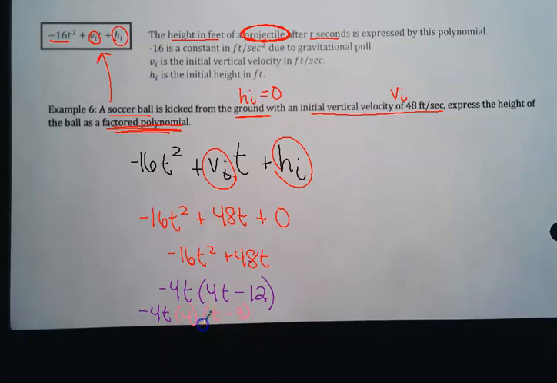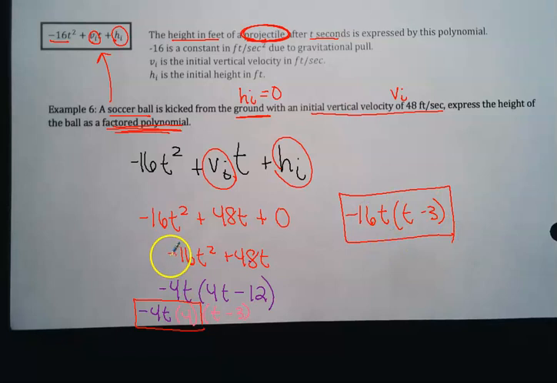Now I factored out both of these, and it's multiplication. So what is negative 4t times 4? Negative 4 times 4 is negative 16t times my quantity, t minus 3.